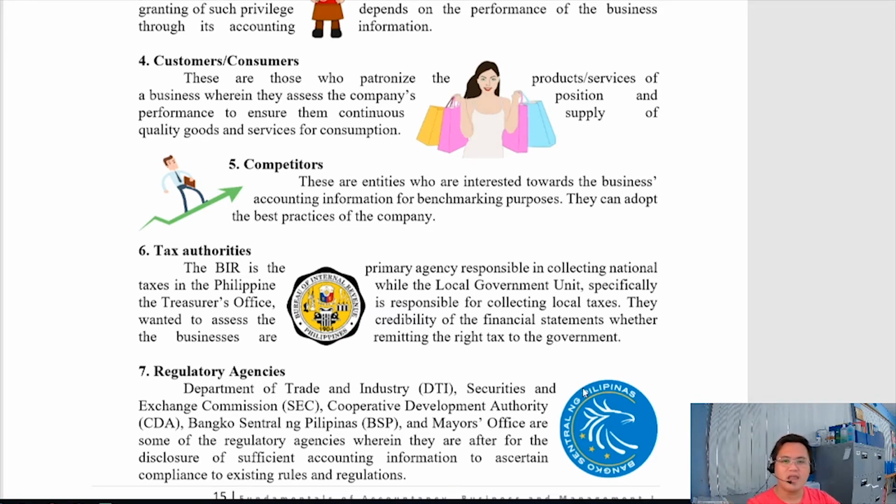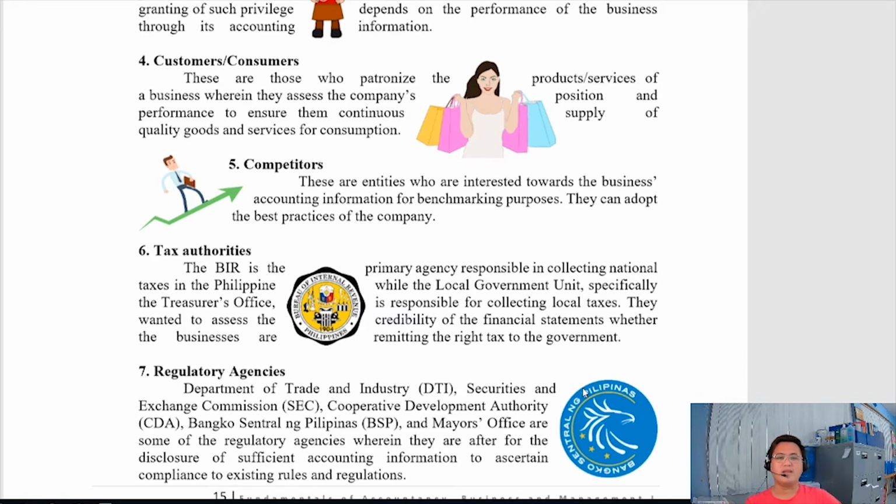Or say for instance, on the other hand, Cebu Pacific wants to look at the financial statements of Philippine Airlines and Air Asia because they wanted to know that this strategy is effective to the two companies. Therefore, Cebu Pacific would like to employ also the same strategy as that of Philippine Airlines and Air Asia.